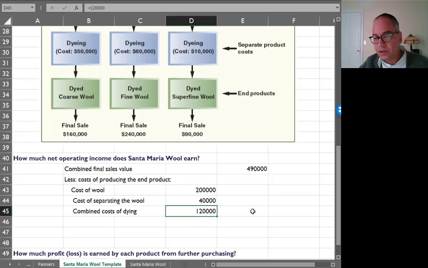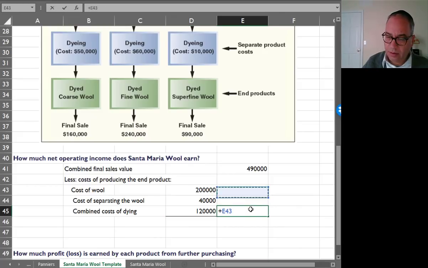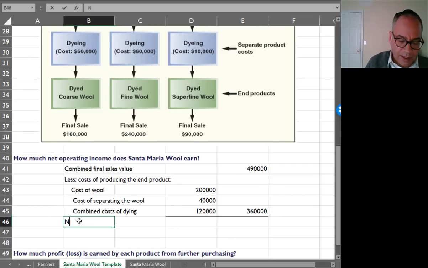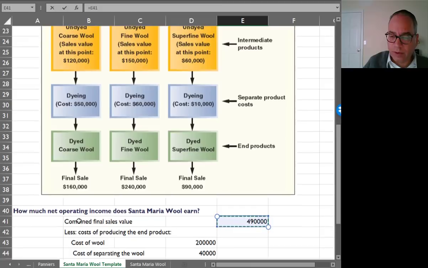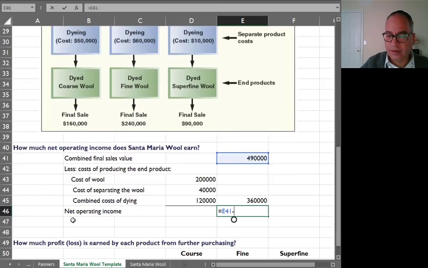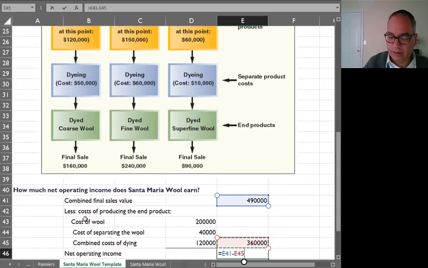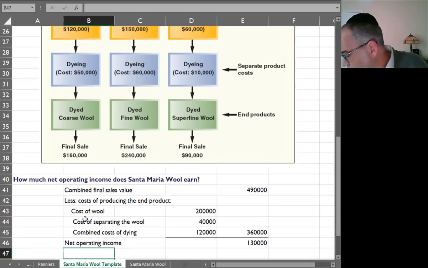And the total cost would be $360,000. So their net operating income, assuming they continue to process everything, is going to be equal to 490 minus 360, or $130,000. And I'll just format this.